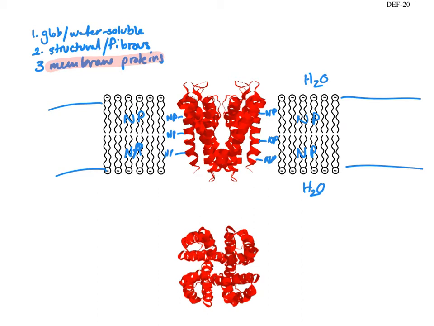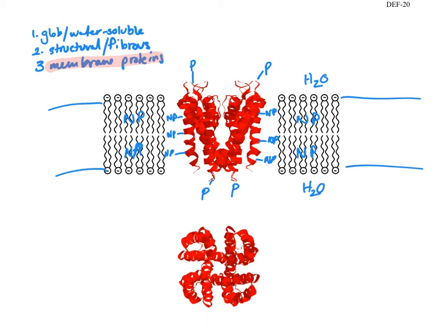So in order for this to be comfortable or stable inside a membrane, we have to have nonpolar things like phenylalanines and methionines and valines poking out and coating that protein so it's comfortable to be embedded in this nonpolar portion of the membrane. That said, you're still going to have polar portions facing outward. Those are going to be the ones that are facing the water on either side of the membrane.